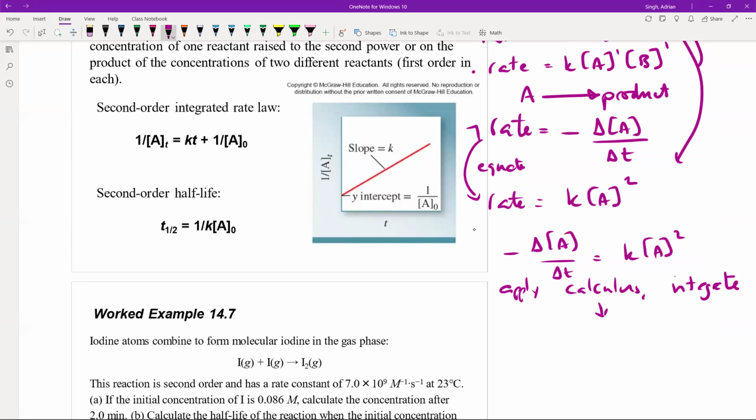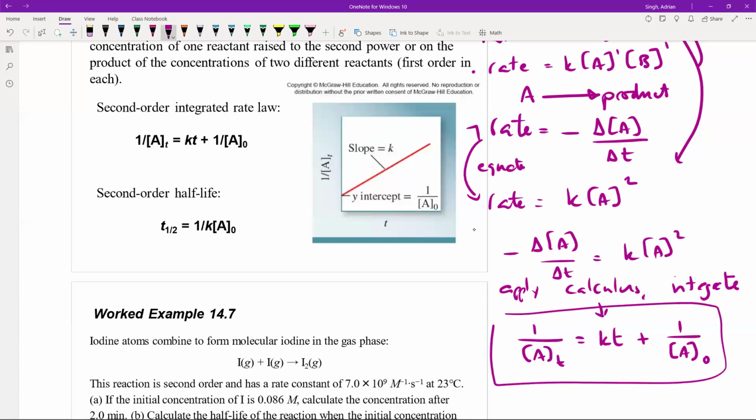So we get 1 over the concentration of A at time T equals rate constant K times T plus 1 over the concentration of A at time 0, right? This is the integrated rate law for a second order reaction.